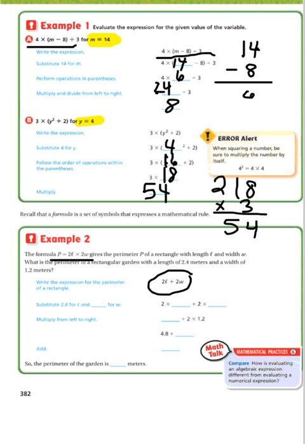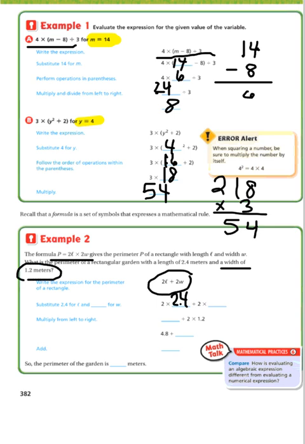Substitute 2 4/10 for L. So every time you see L, you're going to put 2.4 plus 2 times W. We're going to look back up in the problem. The width of 1.2 meters.